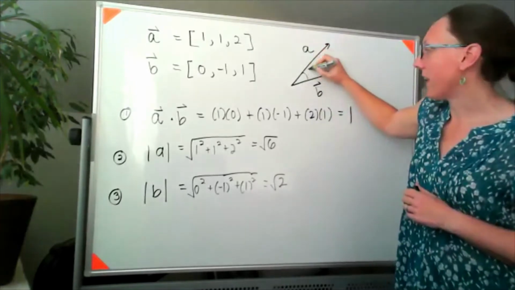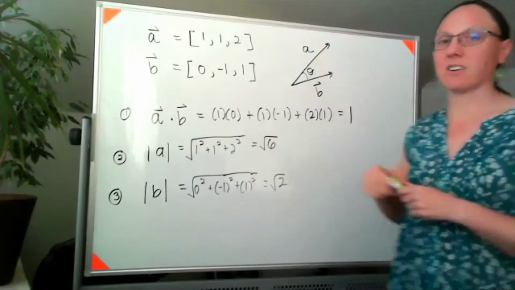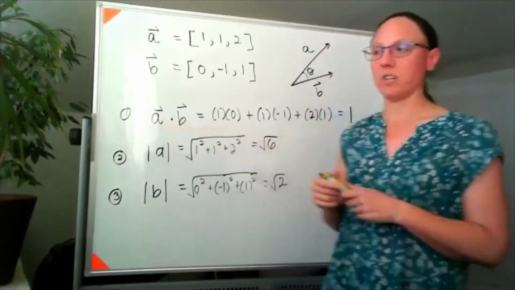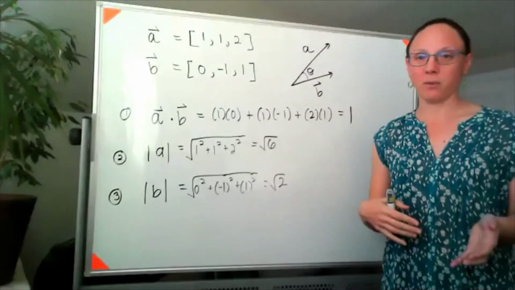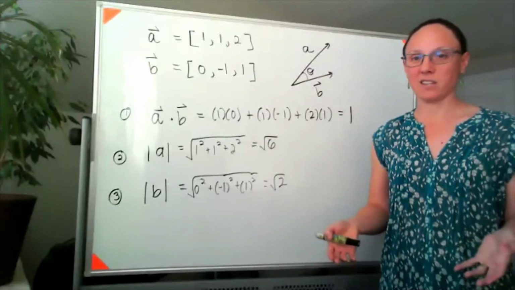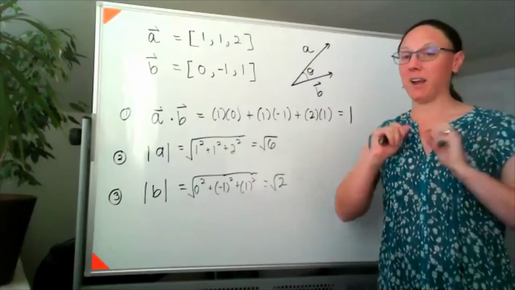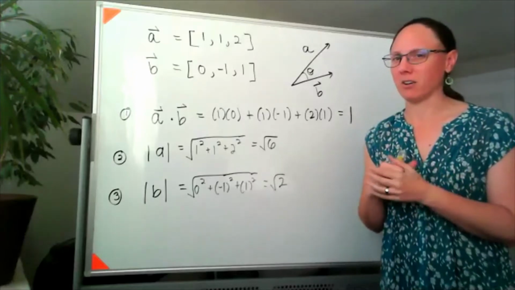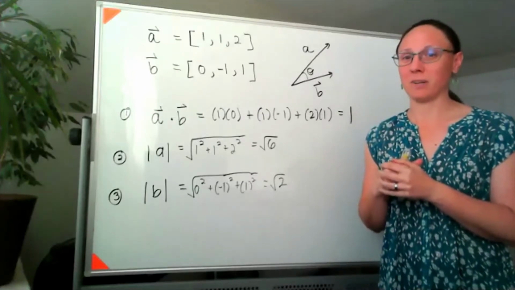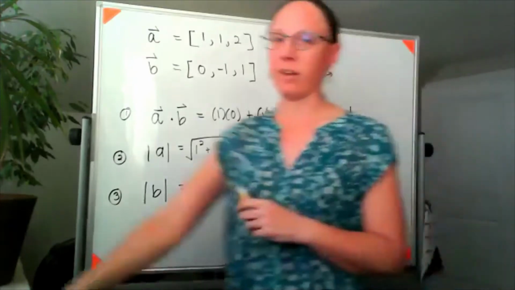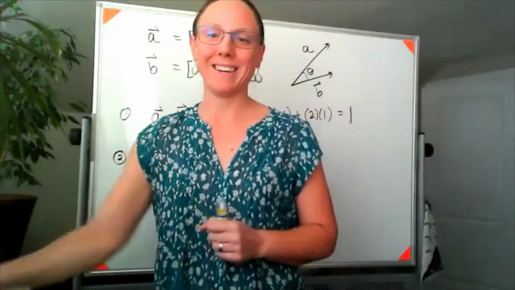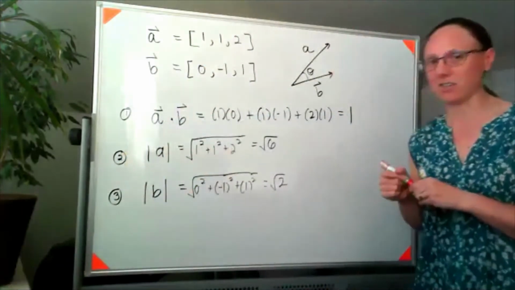And if I want to find the angle between them, there's an alternate form for the dot product, and it actually comes from a geometry formula for the law of cosines. I'll be honest, I took geometry a really long time ago, and it did not stick with me for all these years.